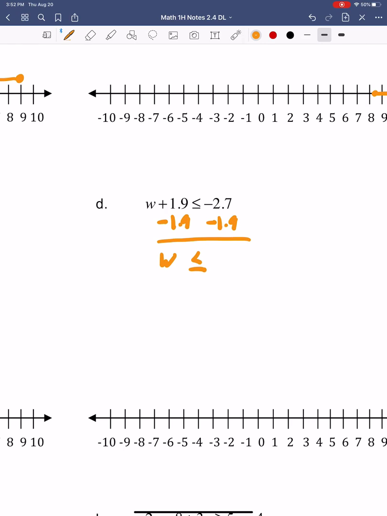So hopefully we're ending up with, let's see, negative 4.7, negative 4.6. And so then I can go to negative 4, and 0.6 is going to be in between 4 and 5. So it's going to be right about here. And we want to go less than or equal to, so to the left of that. And we end up with a graph like that.